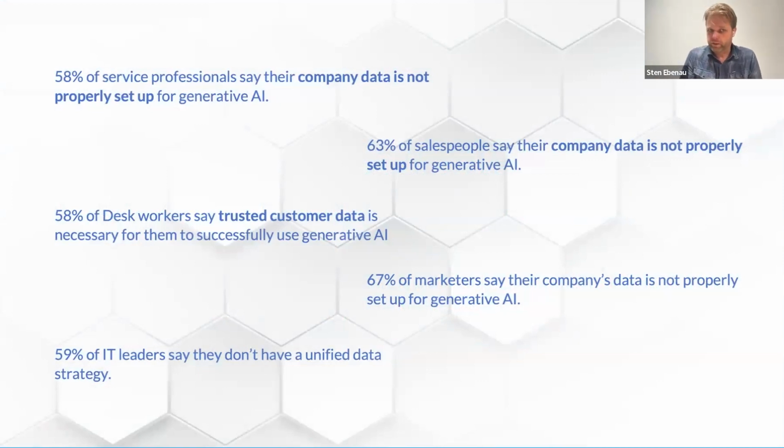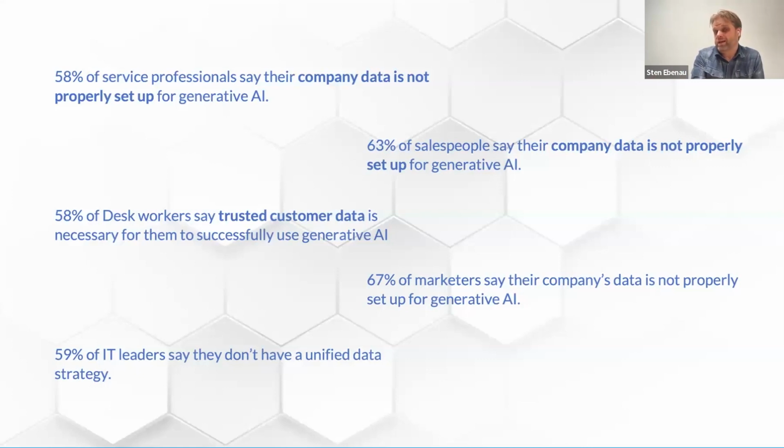It doesn't really matter who you ask, but the majority of the people do not trust their data to use it in AI, which is of course pretty sad because AI can do so many nice things. So make sure that your data is set up for AI. It's ready to serve that purpose, the nice things that AI can give you, to make sure that it works perfectly for you.